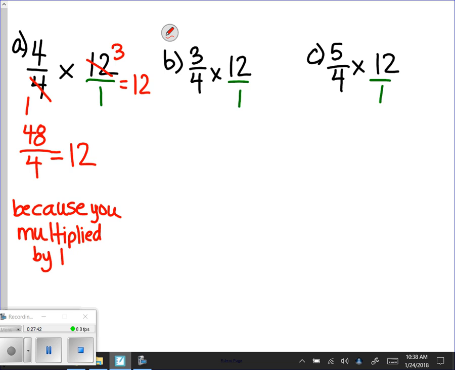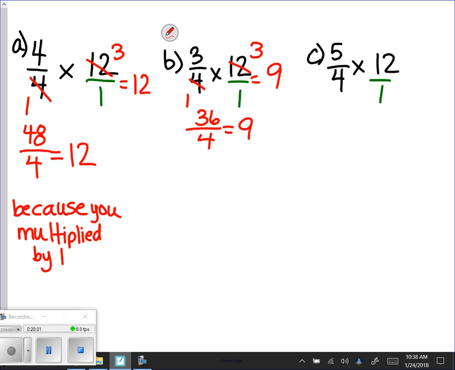Okay? So here with 3/4 times 12, you should have got 9. Or if you did it the other way, you got 36 over 4, which if you divided that, you would have got 9.